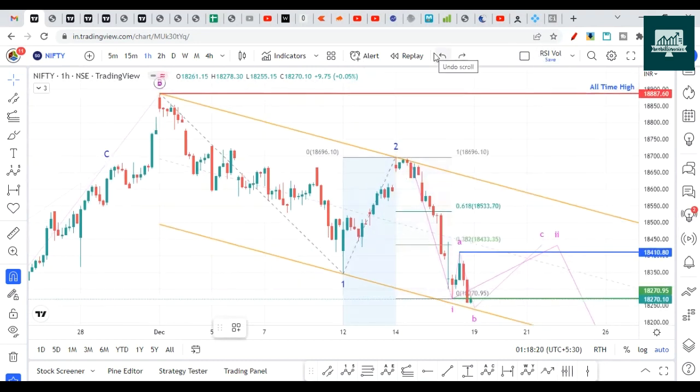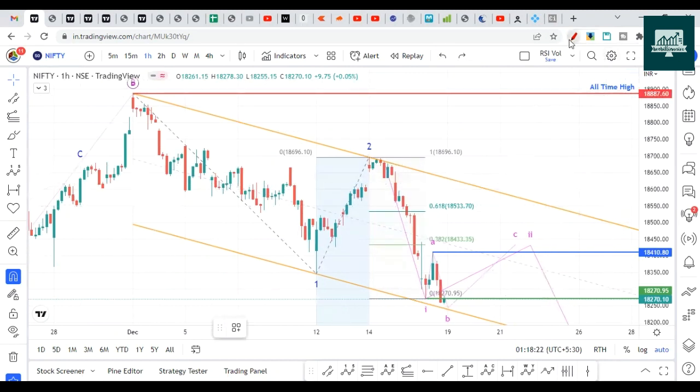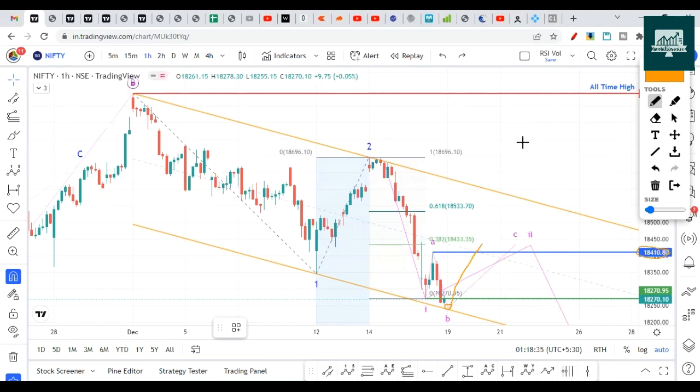I'm expecting it to open either a small gap down and then start the pullback going up towards 18,411. So 18,411 to 450 is the level that I'm expecting it to reach on the pullback.